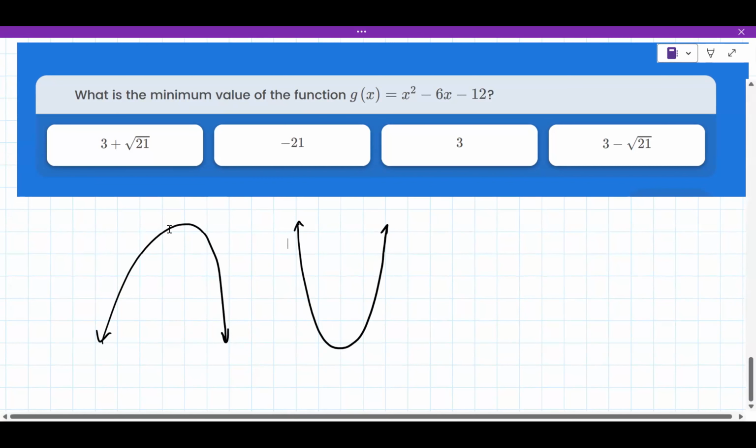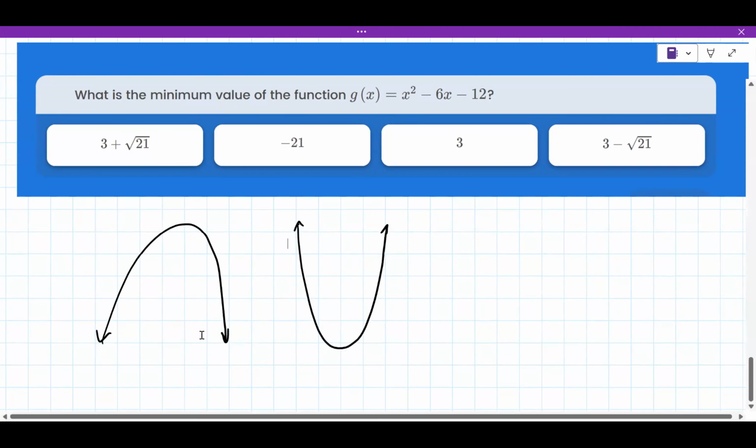Okay. So what's the difference between these two? One's negative and one's positive, right? Yeah. I mean, one opens up, one opens down. If the one with the minimum value, it would likely be the one that opens down. So the one on the left here that opens down, it does not have a minimum.